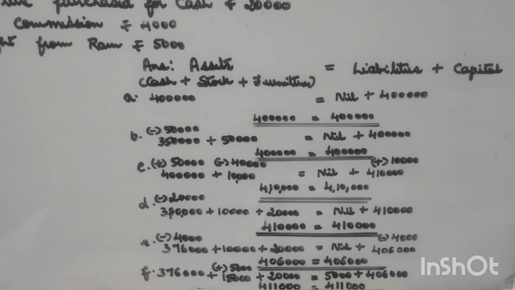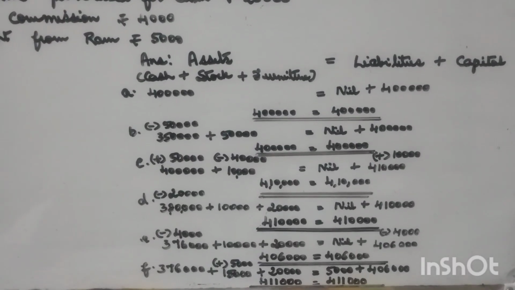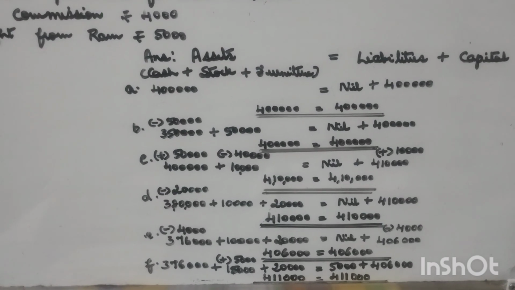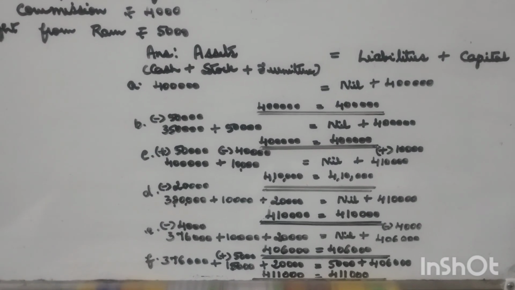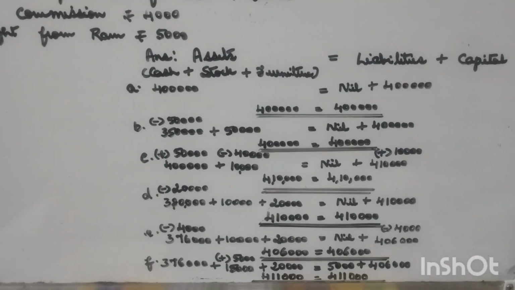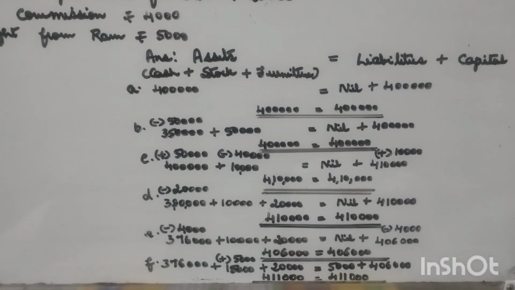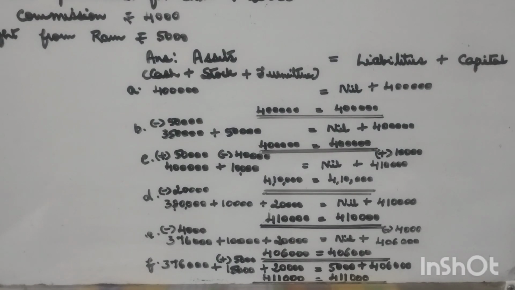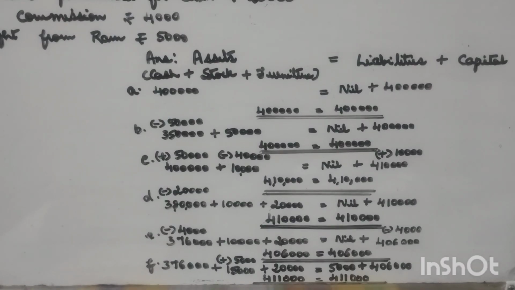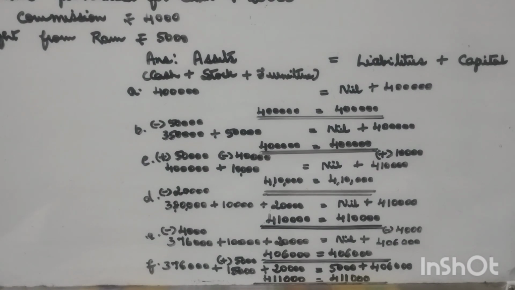Firm has purchased furniture worth rupees 20,000. So it is a cash purchase transaction. So the present value of cash is 4 lakh. For purchasing furniture, 20,000 has been paid by the firm. So 20,000 has to be deducted from 4 lakh. So the present cash balance will be 3,80,000.